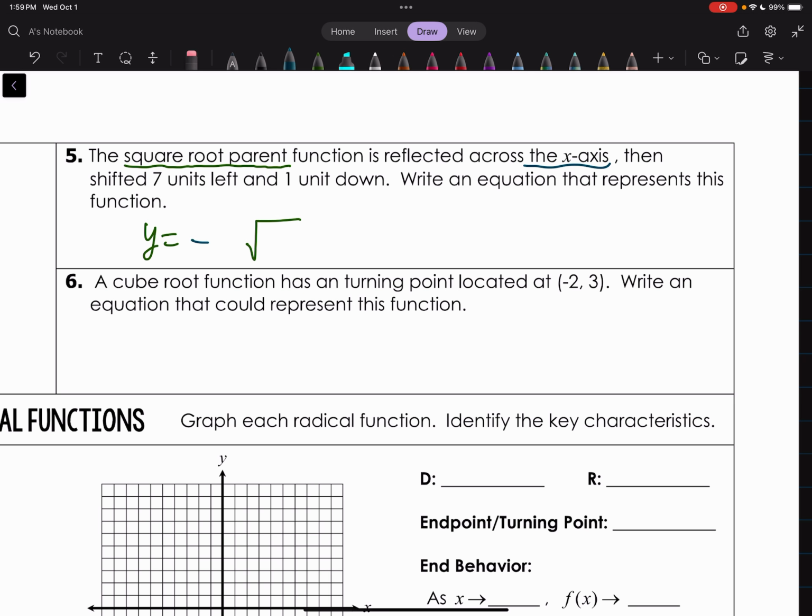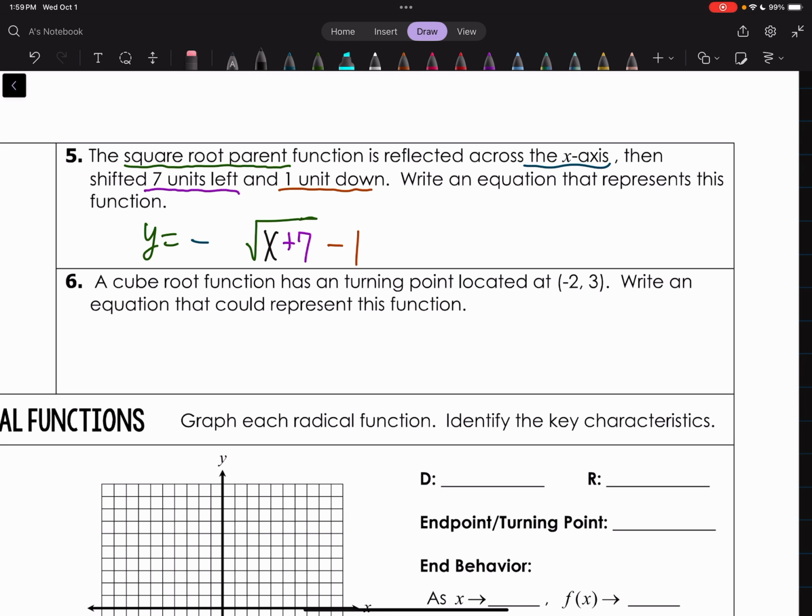I need a negative out front. Then it is shifted 7 units left, plus 7 on the inside, 1 unit down, minus 1 on the outside. That is all my information I'm given. I'm going to put in the x. There's my formula. Y is equal to negative square root of x plus 7 minus 1.